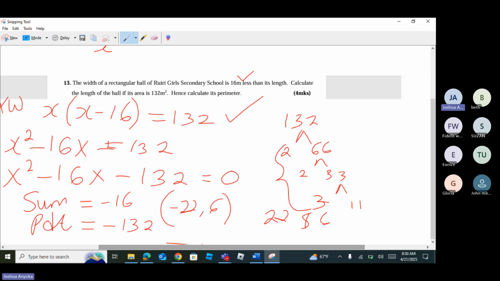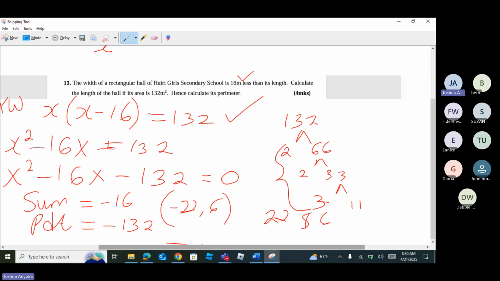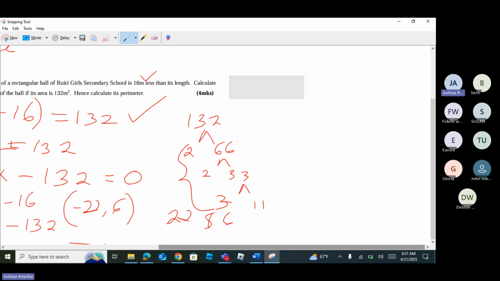The two numbers that we can add to get negative 16 and multiply to get negative 132 are negative 22 and 6. You can confirm that. So that's our quadratic factors. We get back and substitute in our equation.